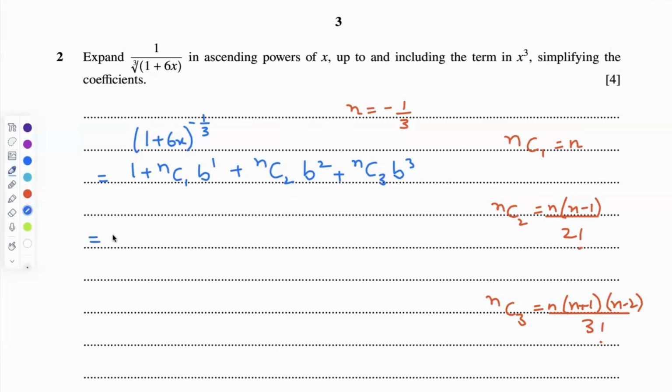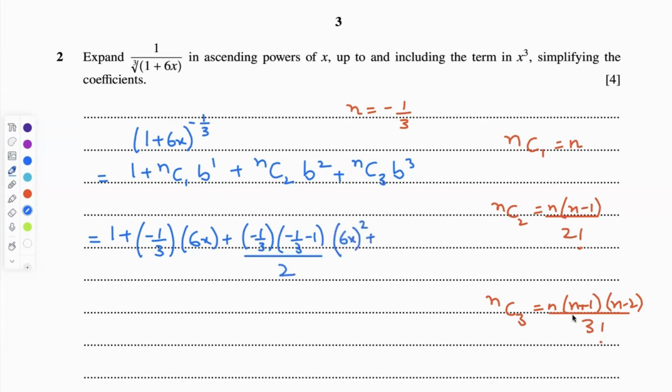Now, substituting the values of nC1, which is n. So, in place of n, we can now write minus 1 upon 3 into b, which is 6x, plus nC2. That will become minus 1 upon 3 multiplied by (minus 1 upon 3 minus 1) divided by 2 factorial, which is 2, multiplied by b squared. So, that will become (6x) whole squared.